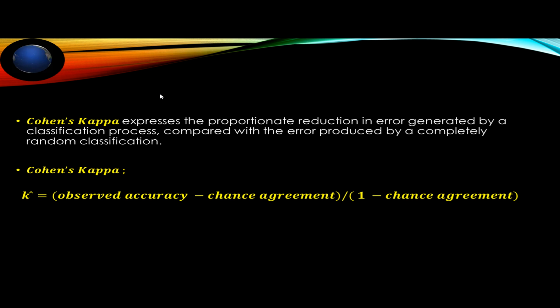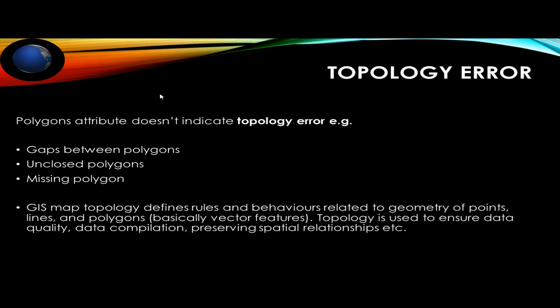But how the observed and the exact things have been classified properly or not, this kappa coefficient helps to reduce this error, and it will tell how much error you may cause from the observed accuracy or from the chances of agreement. So this is the formula of the kappa coefficient.